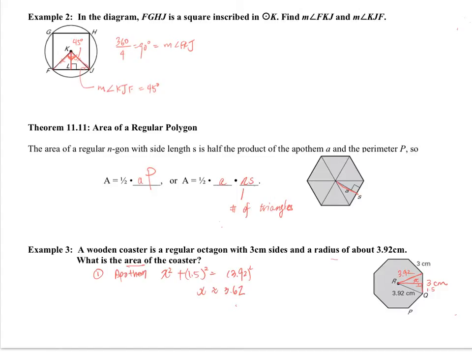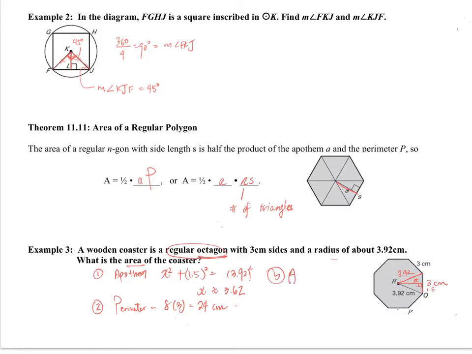So this is your apothem, and then we need to find the perimeter of this regular polygon, which is just equal to, let's see, 1, 2, 3, 4, 5, 6, 7, 8. Oh yeah, it's our regular octagon. So 8 times 3, 24 centimeters. And then we can go ahead and use the formula.